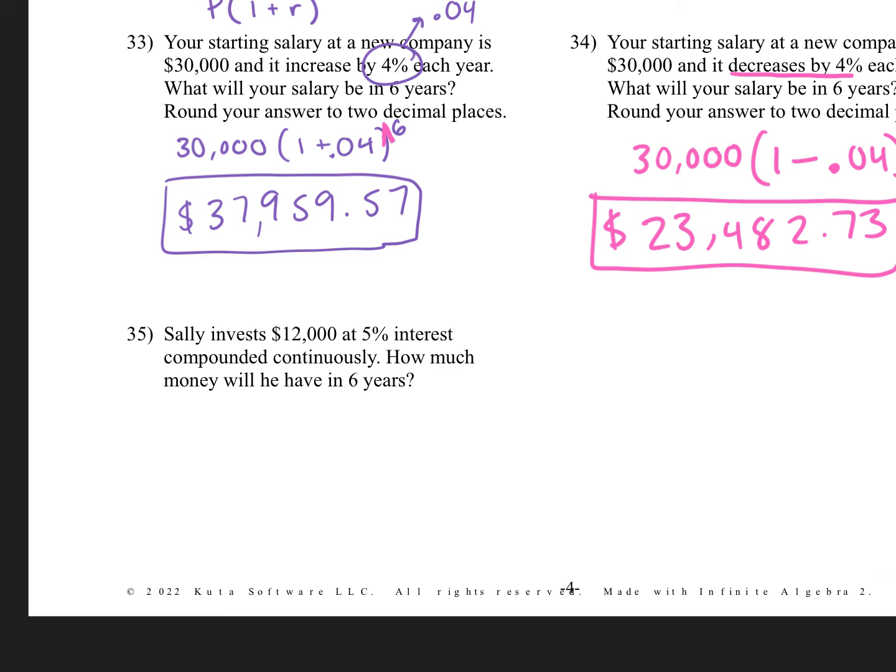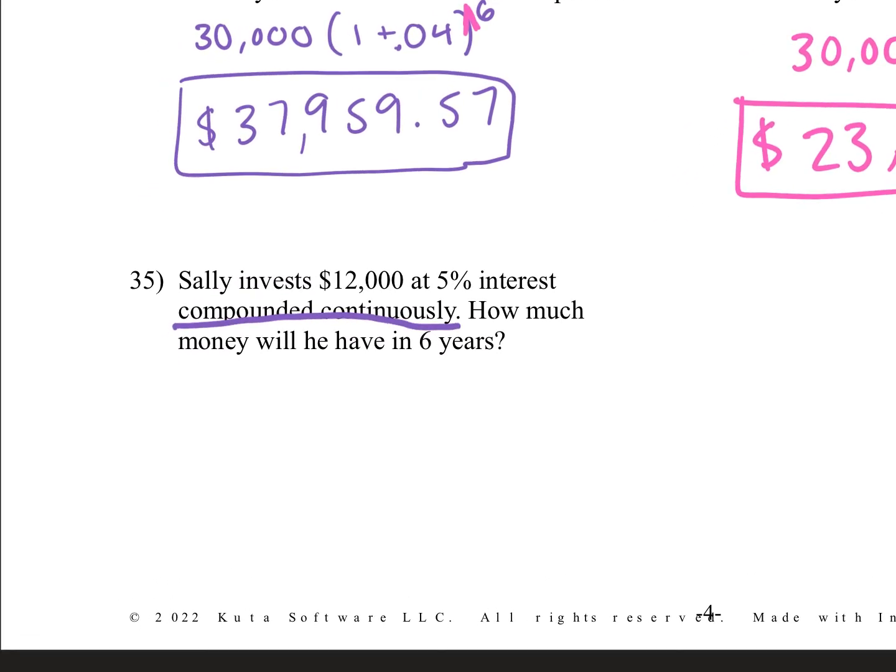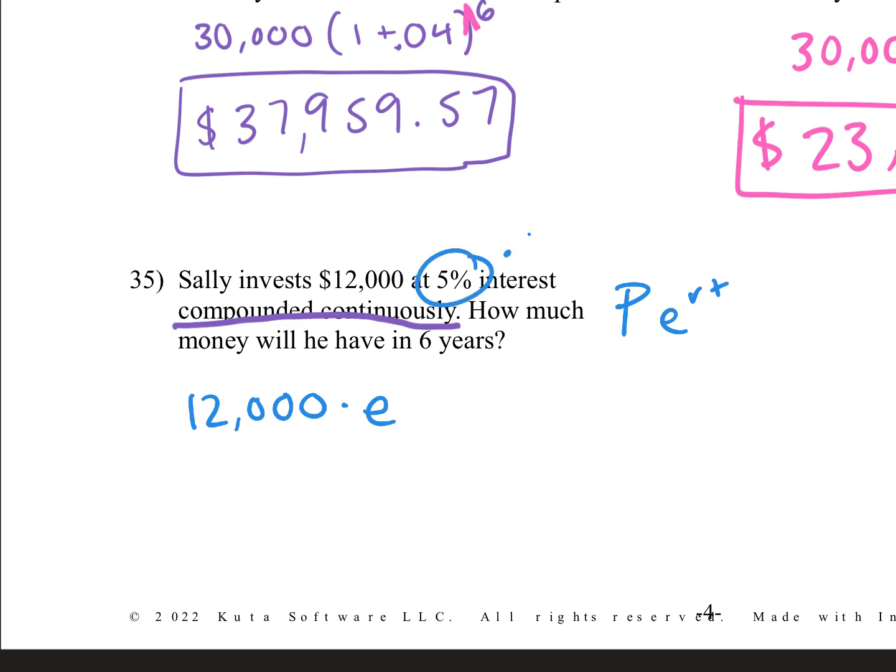And then 35, Sally invests $12,000 at 5% interest compounded continuously. How much money will he have? Oh, it says he, but it's Sally. In 6 years. My bad. So compounded continuously, we use our PERT formula, P times e to the power of r times t. So 12,000 times e to the power of our rate, the decimal version of 5%, so 0.05, times 6.